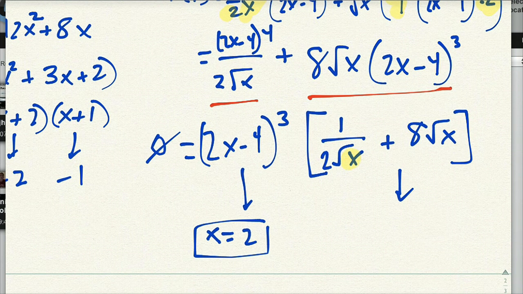Remember, 0 in the denominator is undefined. So what would make this undefined is x equals 0. So my two critical numbers are 0 and 2. Again, that's a very complicated problem, but hopefully you understand what I'm talking about. Trying to find out what x would make the derivative 0 or undefined.